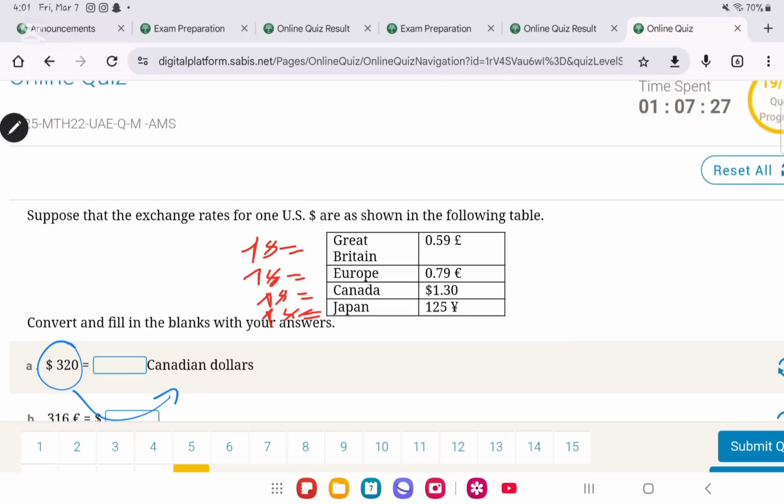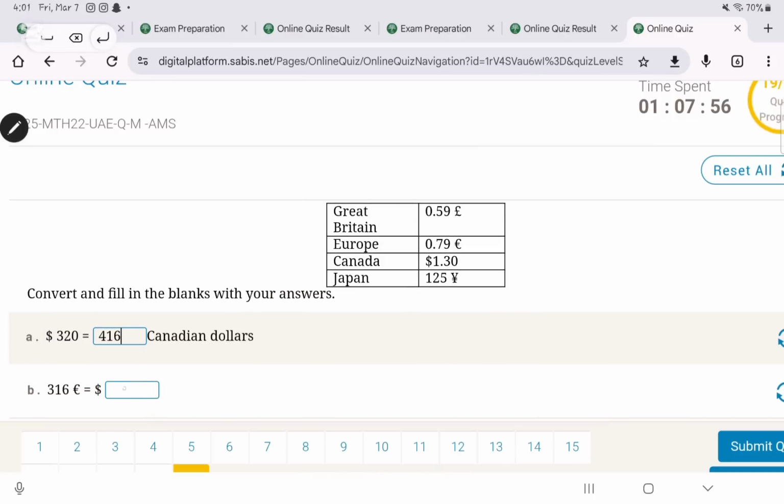Very simply, when you're switching from dollars into a different currency, you will be multiplying. So $320, we multiply by 1.3 and put it on the calculator. You get 416 Canadian dollars.